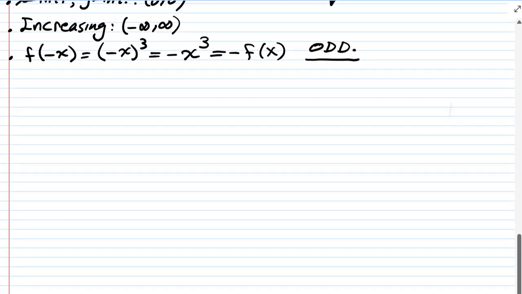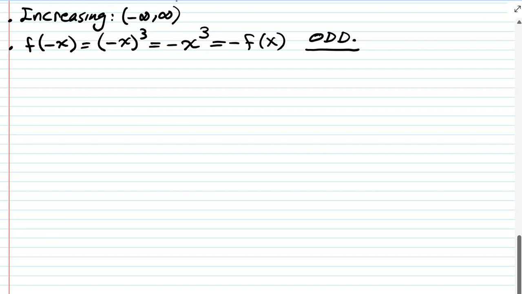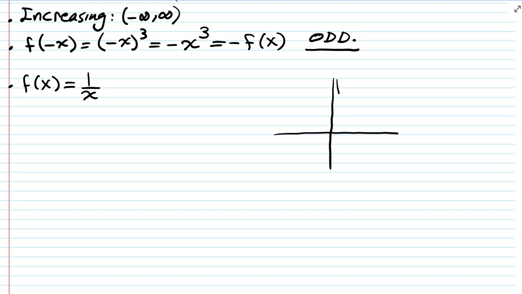Now let's take a look at the one after. We're going to look at the graph of f of x equals 1 over x. The graph of 1 over x actually has two parts. Here's one part, and here's the other part of it, which is the mirror image of the right branch.